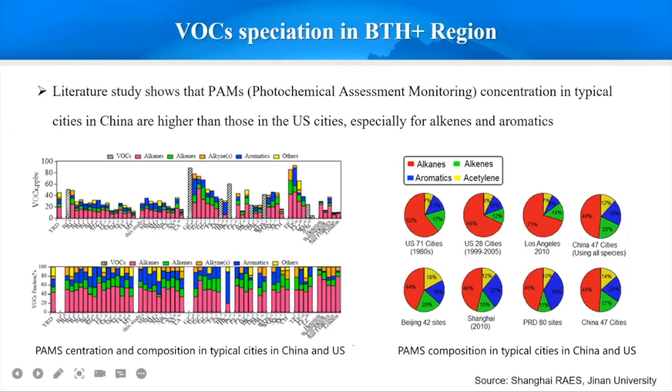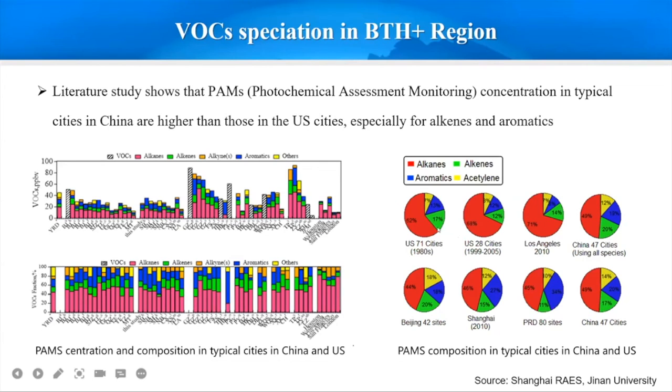And we collected some literature study data, and the study shows that the PAMs, the photochemical assessment monitoring data, show the concentrations in typical cities in China are higher than those in US cities. For example, Houston, Washington DC, San Francisco, and Los Angeles, especially for the alkenes and aromatics here.